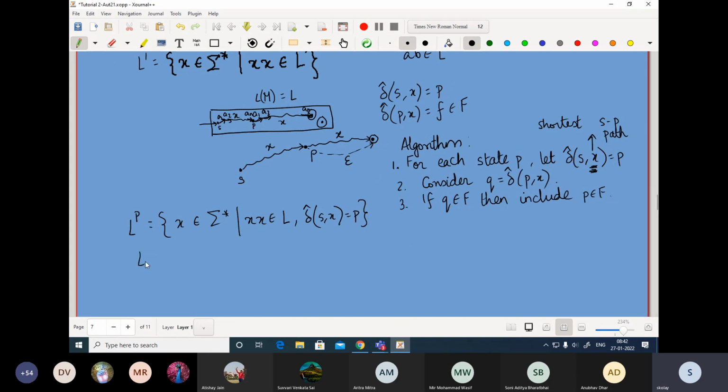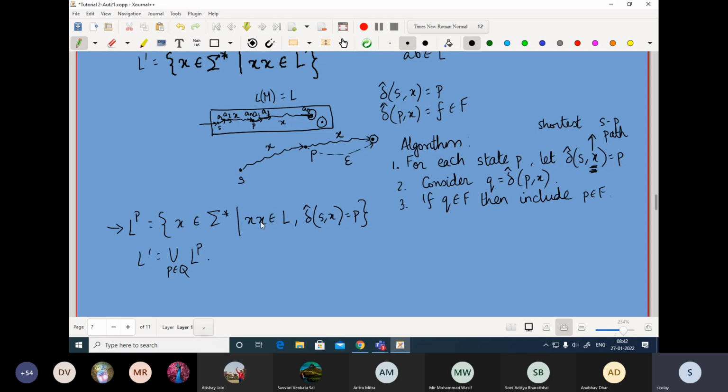So notice that L dash is just going to be equal to the union over all P and Q of LP, right? Yes, ma'am. So now for LP, I'm just specifying this midpoint.